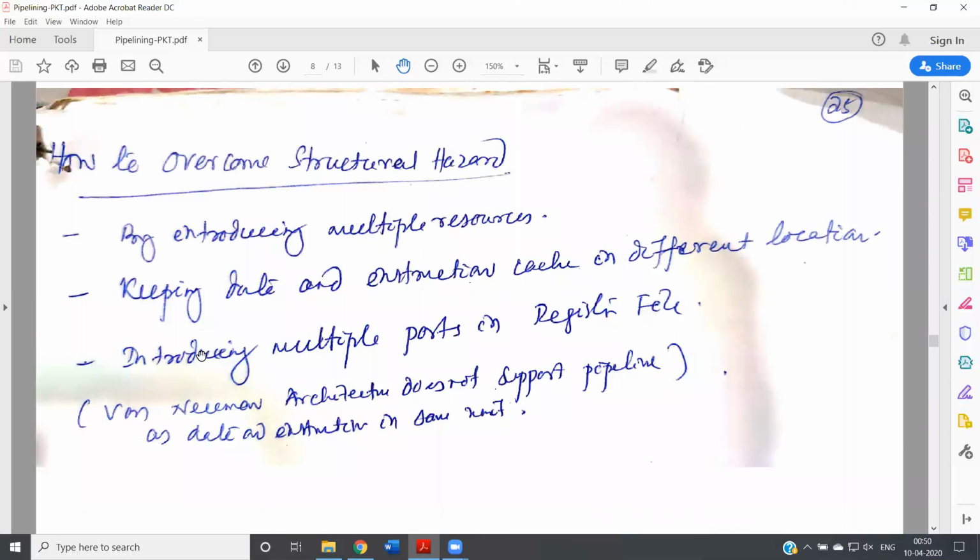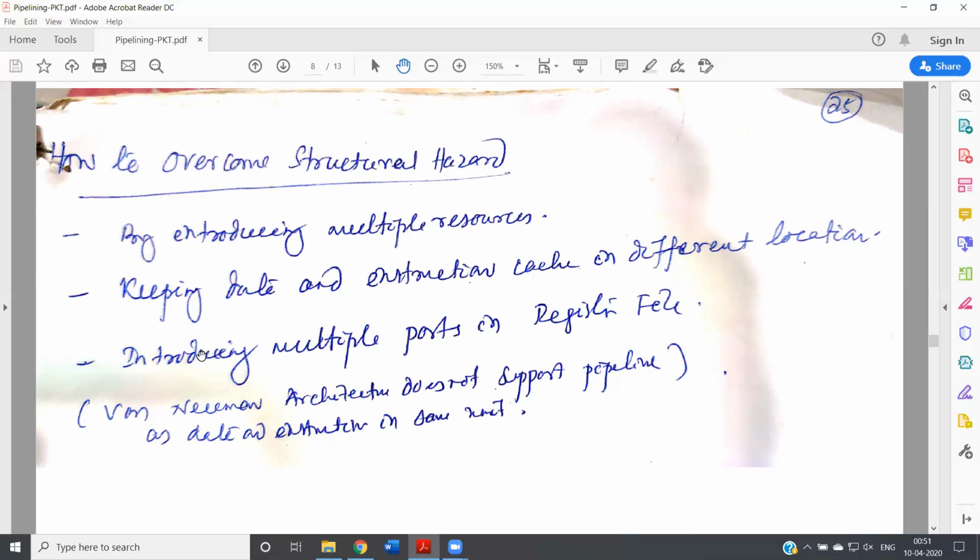Now, how to overcome the structural hazard? We know that there are 3 types of hazards: structural, data, and control hazards. Unfortunately, the structural hazard cannot be overcome by any straightforward alternative method. The only solution is to introduce multiple resources. If the hardware is not available, you make the hardware available.